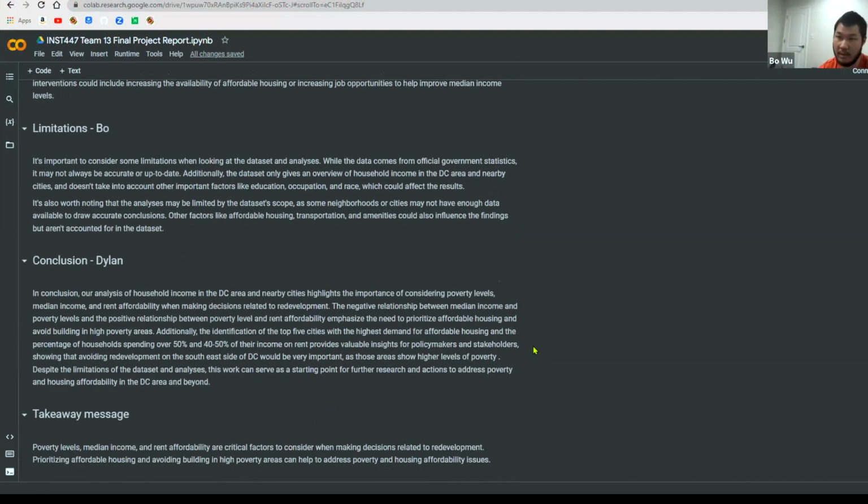So for our limitations, obviously, this only applied for a few years from DC's government data. And as we all know, poverty has a lot of factors in there, like education, demographics, occupations.